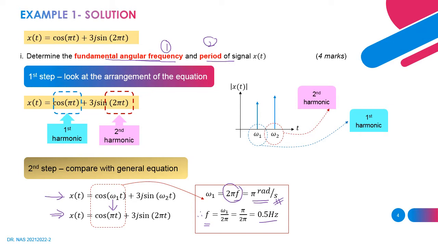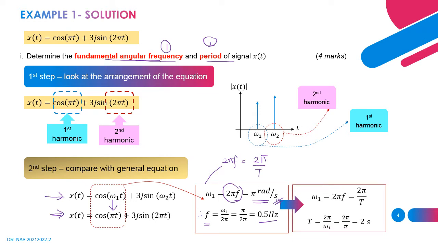So next you need to calculate the period of the signal. From here, ω equal to 2πf, or it is also equal to 2π over T. So you can calculate your period. Okay, so T equal to 2π over ω, which is 2 seconds. Don't forget to write the unit as well.